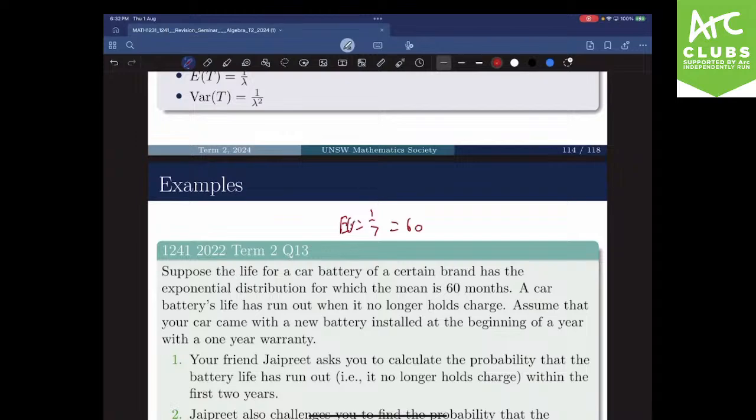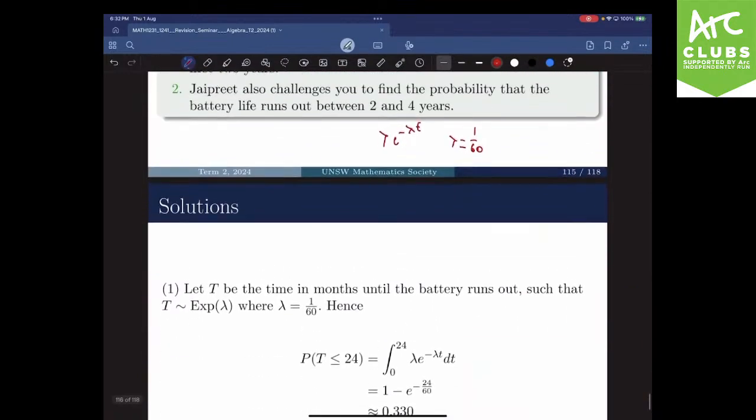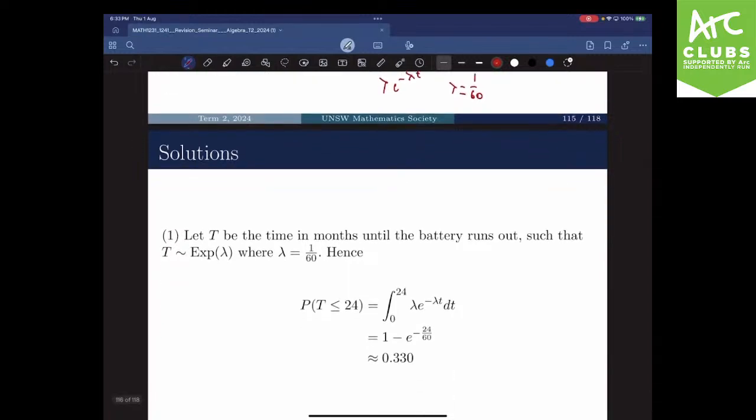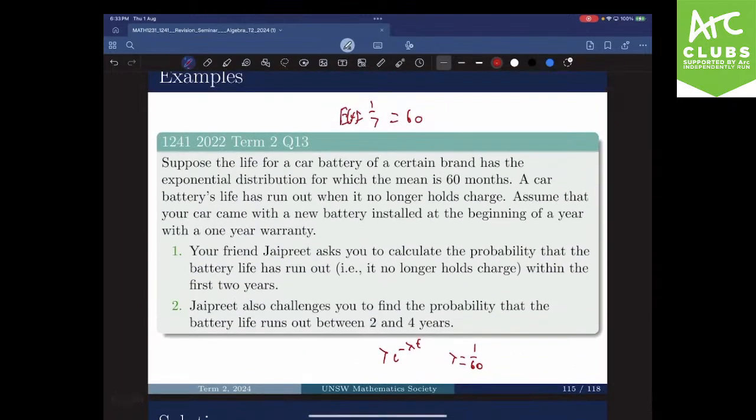So lambda is equal to 1/60. Then we put this in and take the integral from 0 to 24, because that gives the probability of it running out anywhere from 0 to 24. We do this integral and figure out it's equal to 1 minus e to the negative 24 over 60.